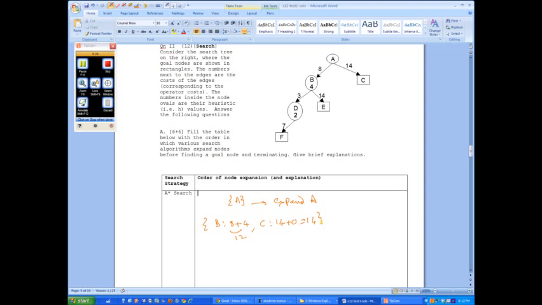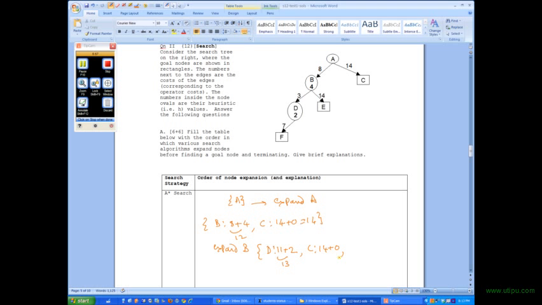So now you take B and expand B, you will get D and E. D will have the G value of 8 plus 3, 11, plus H value of 2, which is 13, and C, who's been standing around, will still be 14, so it's going to be behind it.